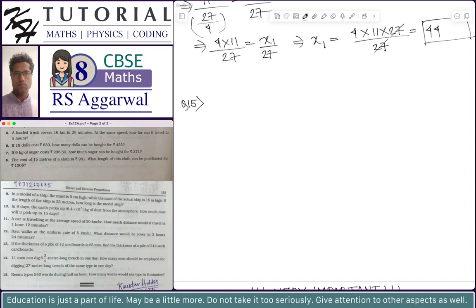Now in this problem, the data involved is the time taken and the number of words typed. The number of words typed and the time taken will be in direct variation only when the typing speed of Renu is the same.